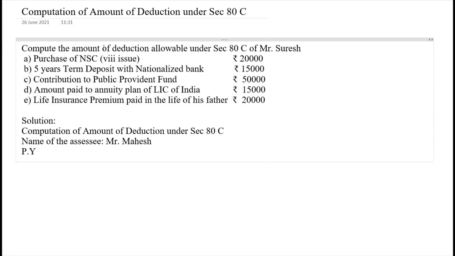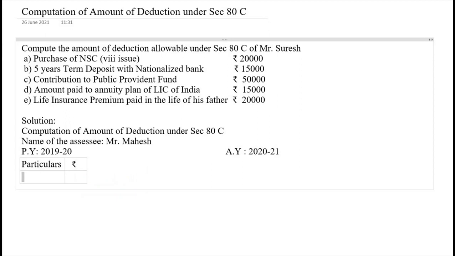Previous year 2019-20, assessment year 2020-21. So let me insert 2 columns here: particulars, and then rupees. So now let's have a discussion here.